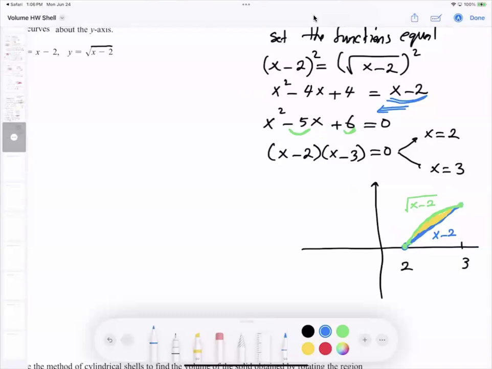So this is a 2D visualization of what we have. From this, you can find the height a little bit easier because it's the maximum y value minus the minimum y value. So this is the maximum y value, and this is the minimum y value. Find the difference between them, you get your height. But for the base, since you're rotating this guy about the y-axis, the base is going to be located here.